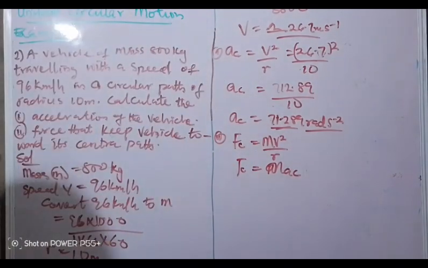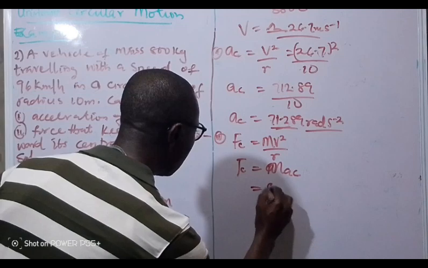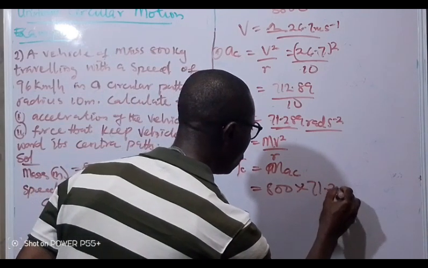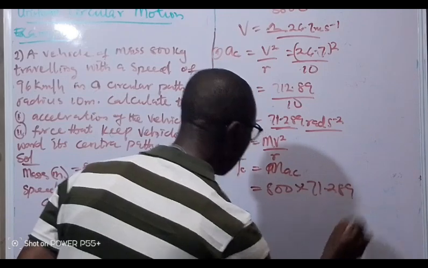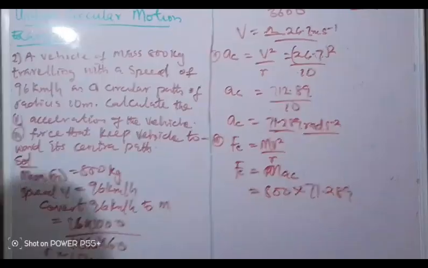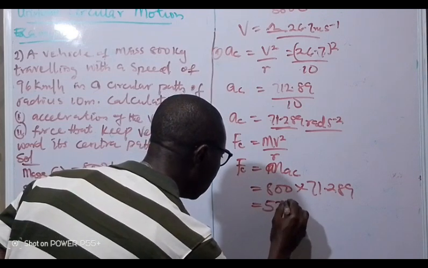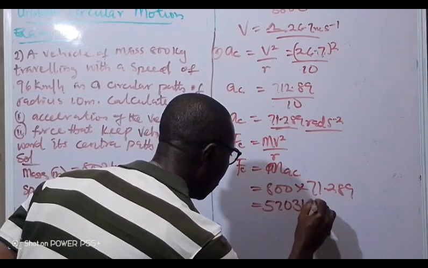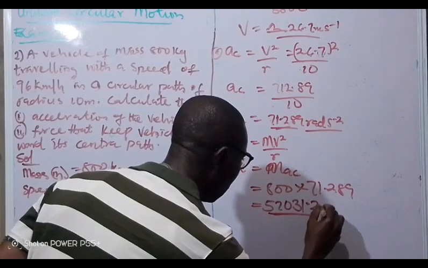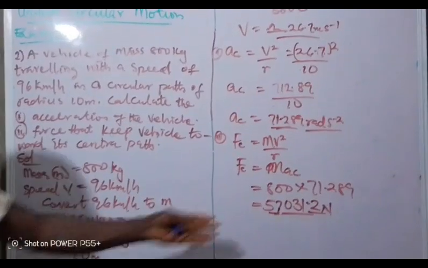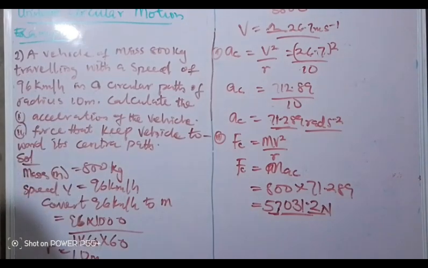Since we know the value of radial acceleration, this will give us 800 multiplied by 71.289. The answer to this one will give us 57031.2. The unit of force is Newton. That's the answer to question number 2.